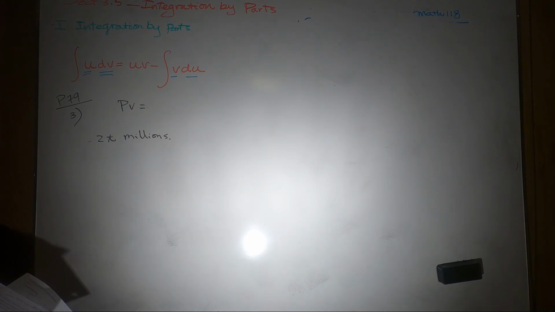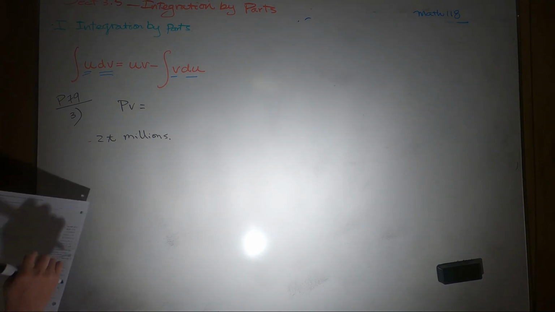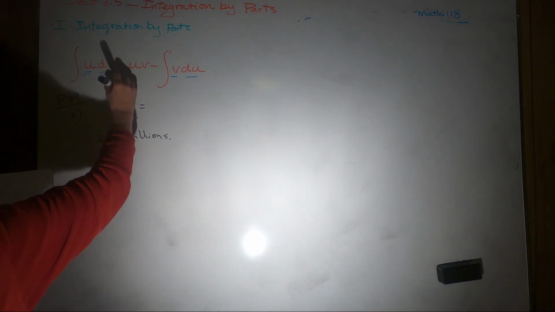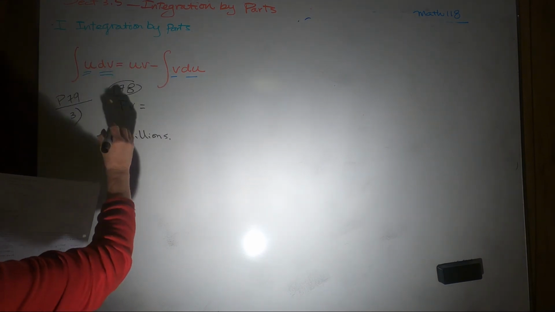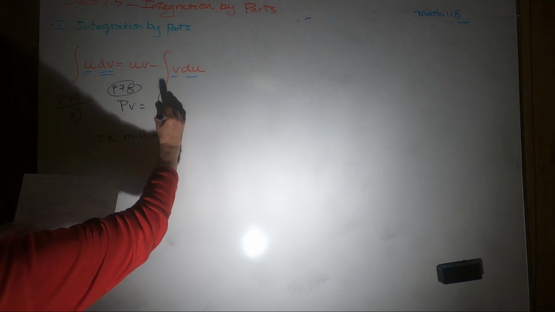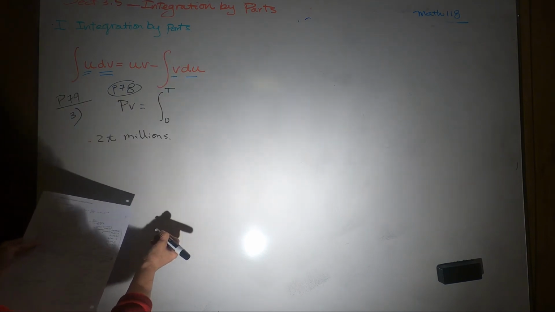So we say your present value, remember, look at your page 78. So present value is what? 0 to t, how many years?